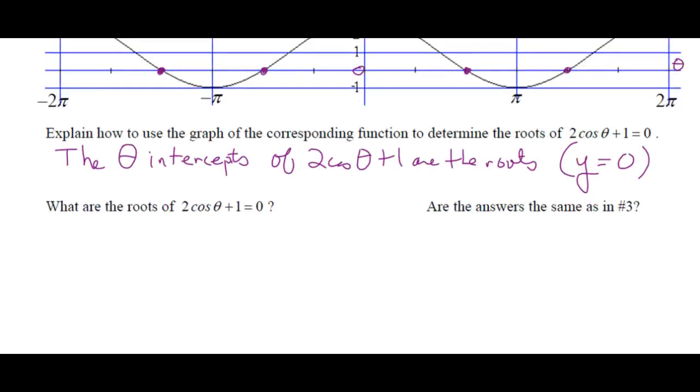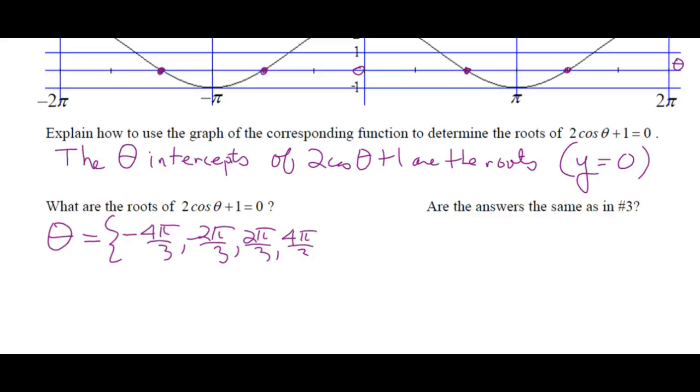What are the roots? I know this will come as a shock, but... Okay, what are the roots? He was asking for the root.